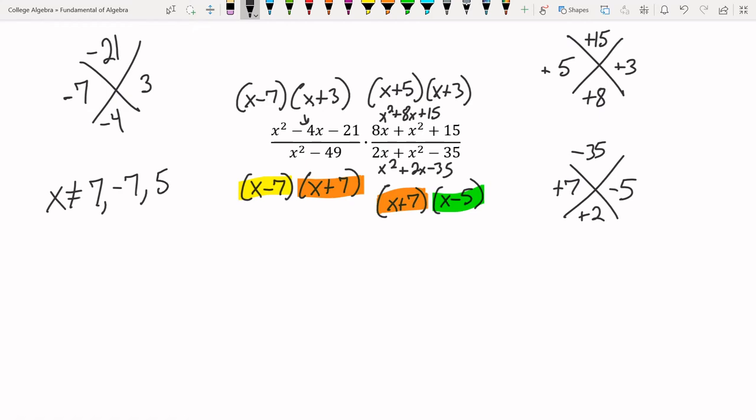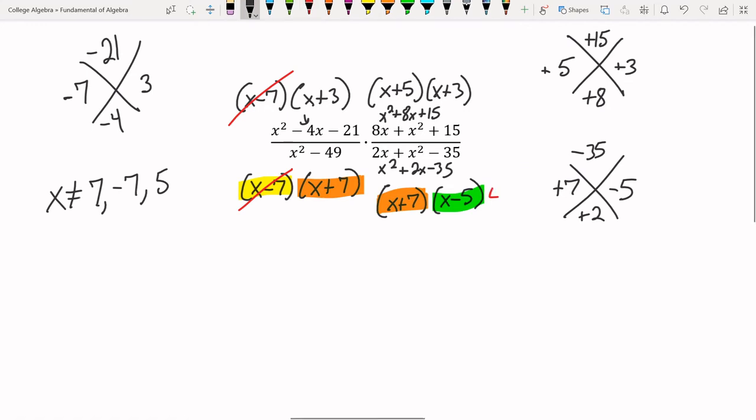Now we can cancel common things on top and bottom. I'm just going to do this right here because this is typically how you would do it on your paper. X minus 7 cancel. Then we have, actually looks like that's it. And we're almost there with the x minus 5 and the x plus 5, but not quite.